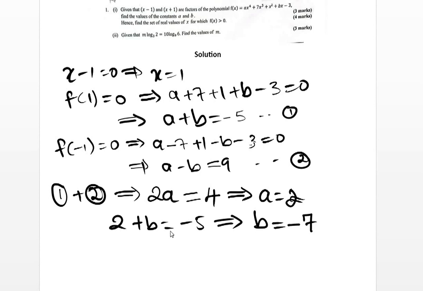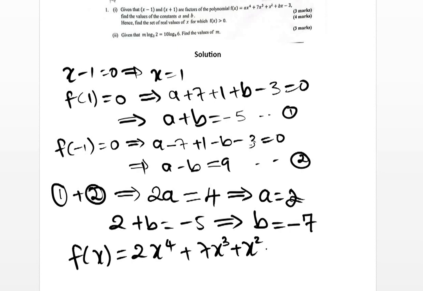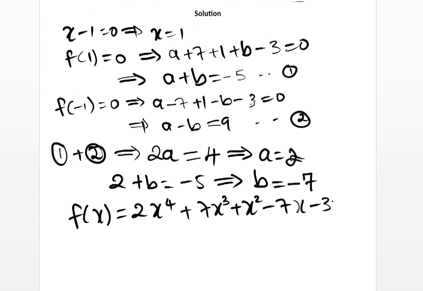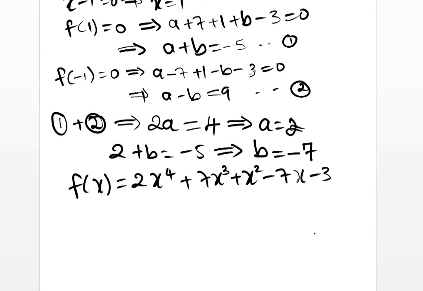So the polynomial that we are using now will be 2x to the power 4 plus 7x cubed plus x squared minus 7x minus 3.